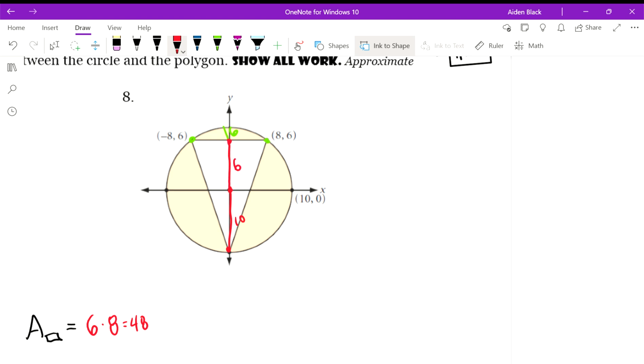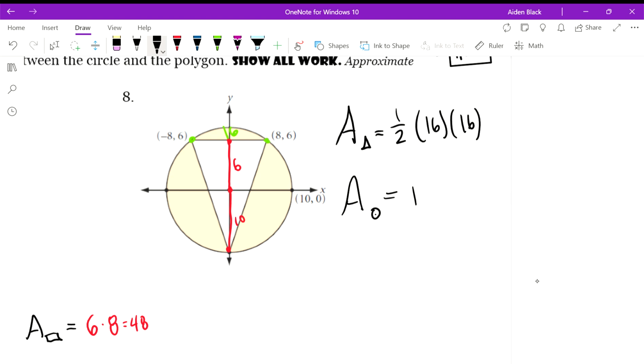So what we're actually getting for the area of the triangle is 1/2 times the base, which is 16, times the height, which is 16. Yeah, that looks good.